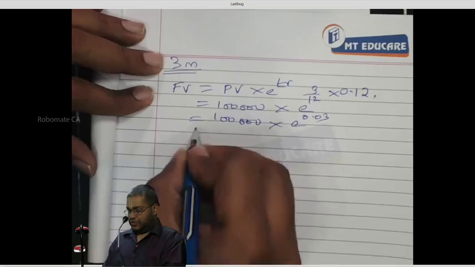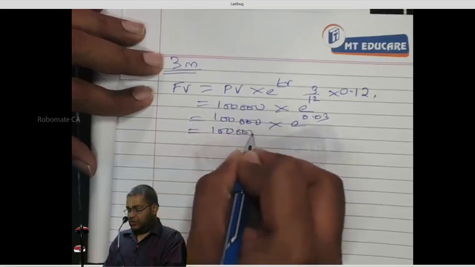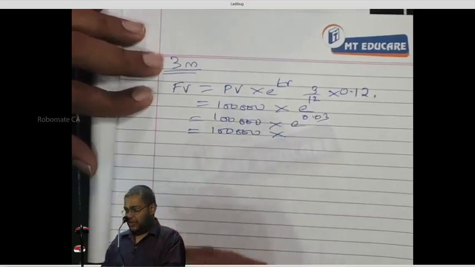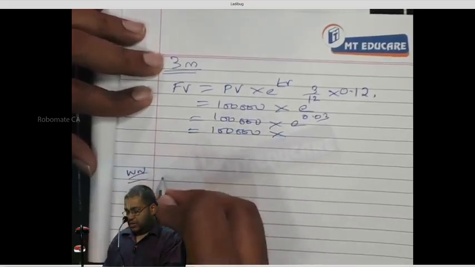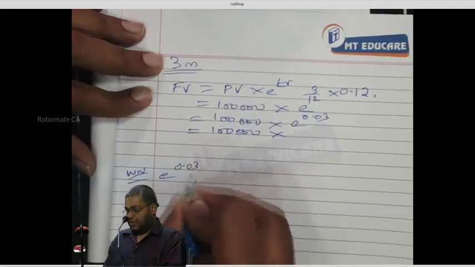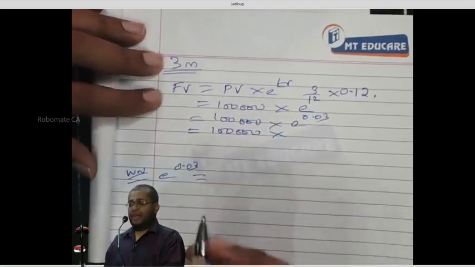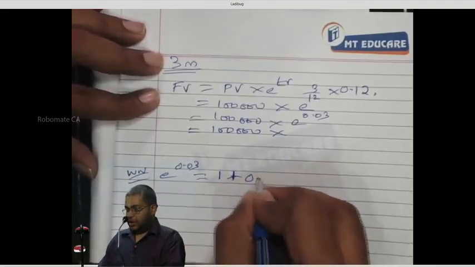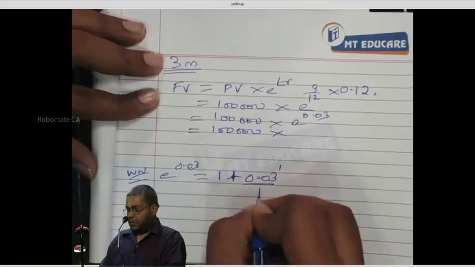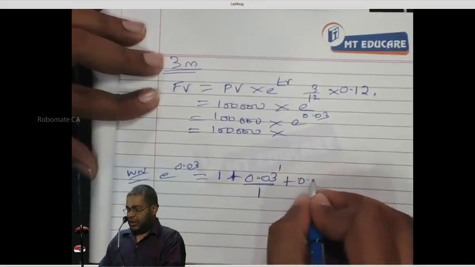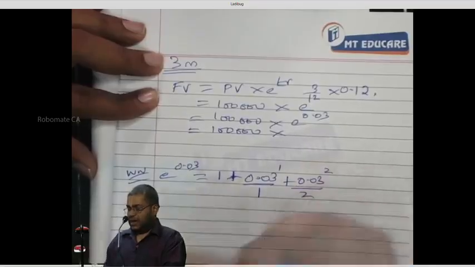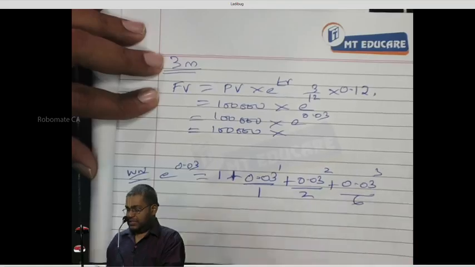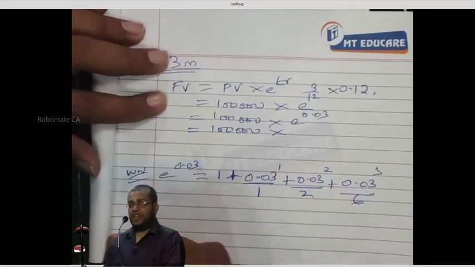Now I should find out 1 lakh into e power 0.03, we should calculate, right or not? What is the working note? e power 0.03 is equal to 1 plus 0.03 power 1 by 1, plus 0.03 square divided by 2, plus 0.03 cube divided by 6.